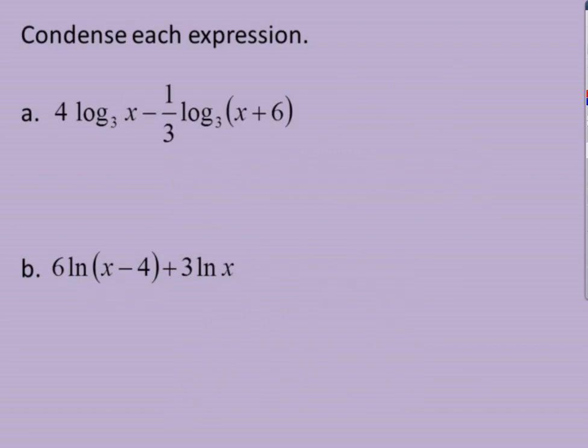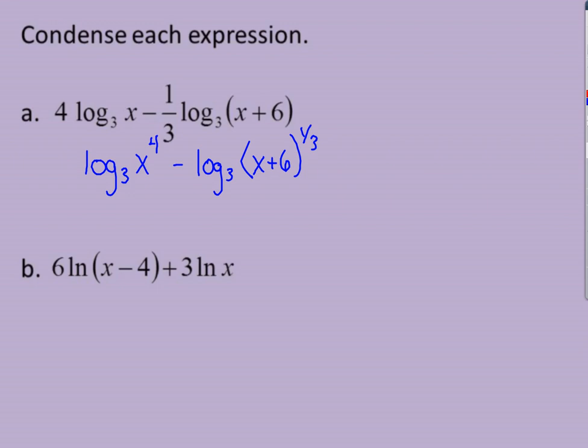Now we can actually work this backwards and we can condense expressions. So the first thing we do when you do condensing is the opposite of what we did when we expanded. So we're going to bring the powers out front, back up to the exponents. Now we have subtraction.